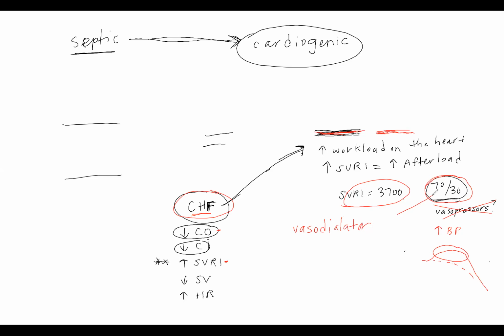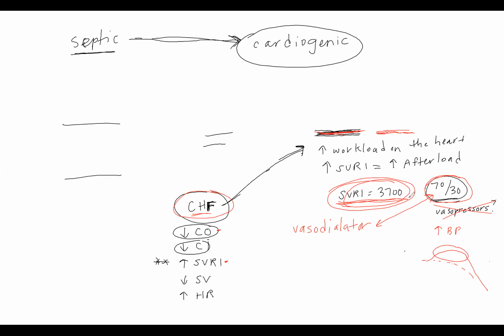Now, if I'm looking at a blood pressure of 70/30 and someone comes up to me and says, hey, I want you to give them a medicine that vasodilates, let's say 10 milligrams of IV hydralazine, if I don't know that my SVRI is 3,700 and I don't understand that the reason my blood pressure is low is because the heart cannot pump anything out, I'm going to look at this person like they are absolutely crazy and think I am not doing that.